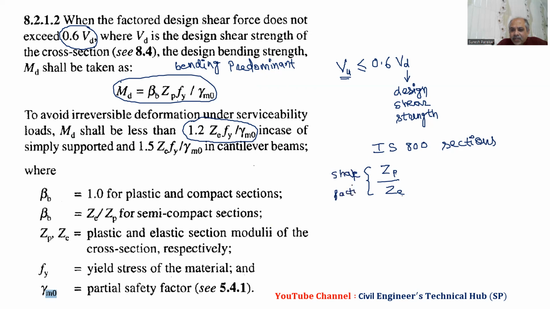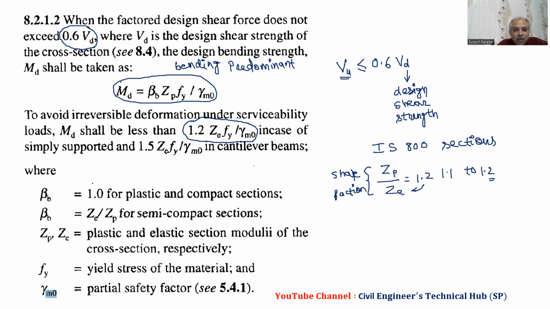This value ranges from 1.1 to 1.2, maximum 1.2, and therefore this is taken as 1.2 ZE. If you put this 1.2 ZE, you get this value as ZP Fy upon gamma m. So likewise, this value 1.2 comes over here.